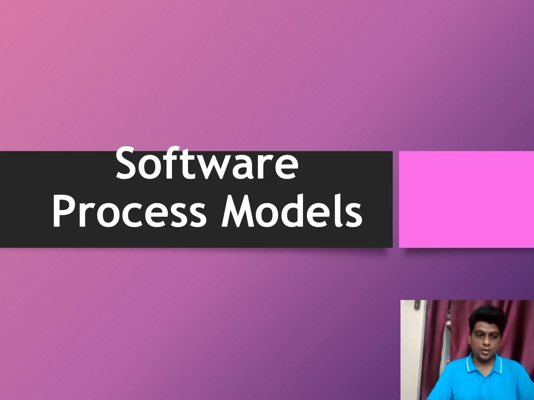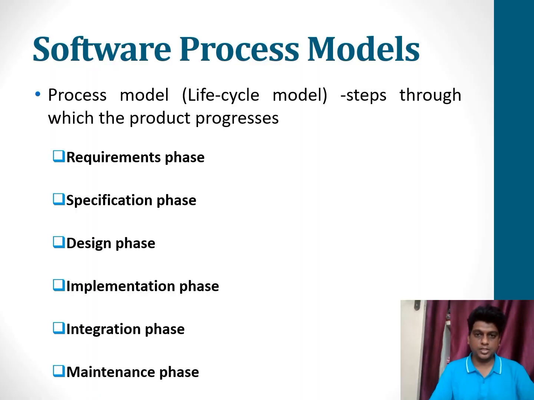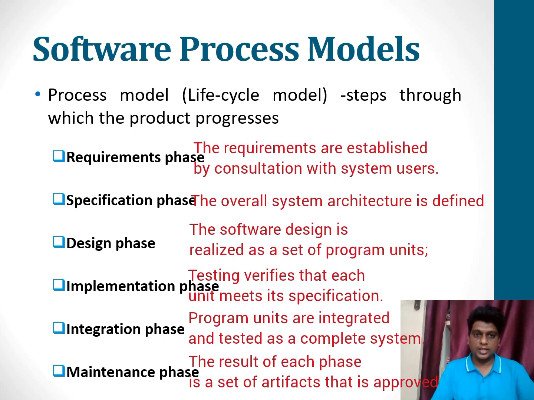Software process is a coherent set of activities for specifying, designing, implementing, and testing the software system. Several process model steps through which the product progresses normally. So there are several phases in this software process model. In the requirement phase, we gather the requirements needed for the software development.